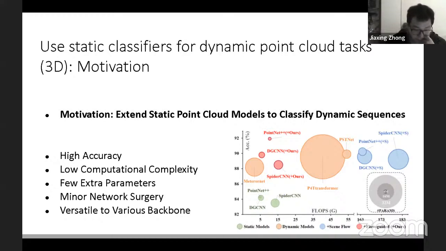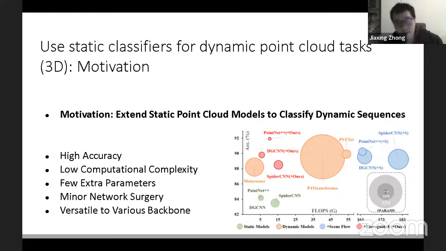One typical work in the 2D domain is the so-called two-stream network, in which one stream models the static video appearance, and the other stream is used to model the dynamic or temporal information of the video.